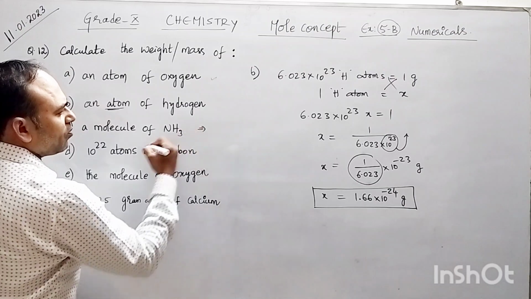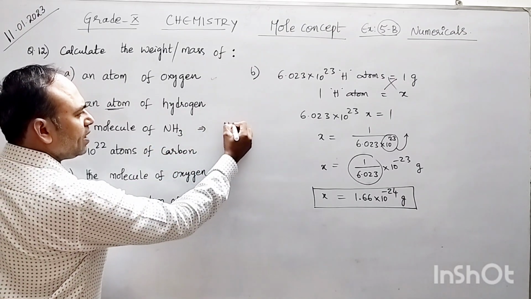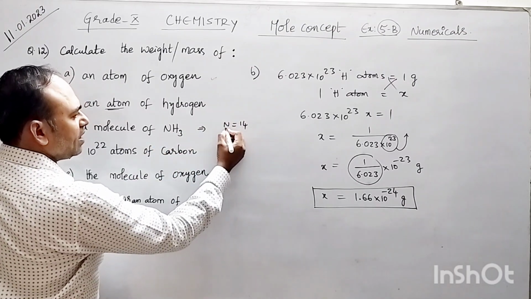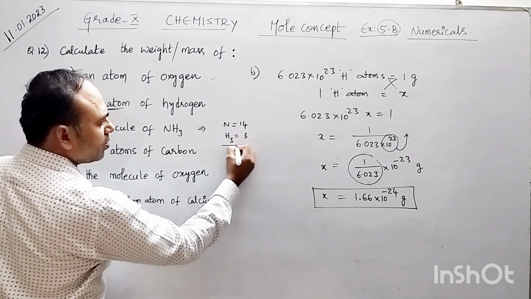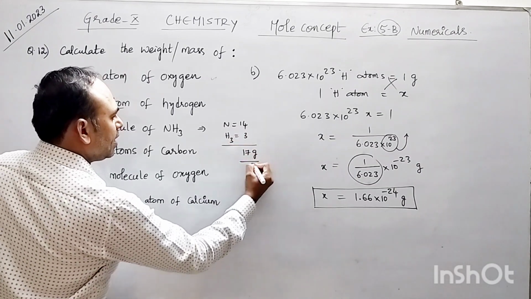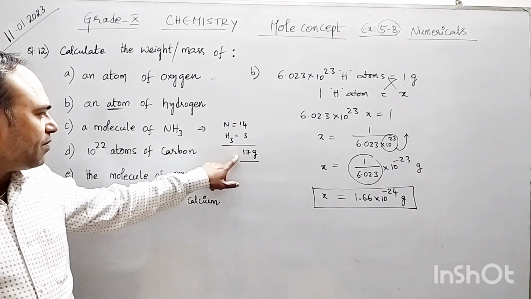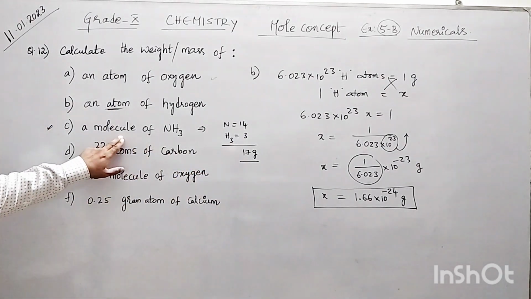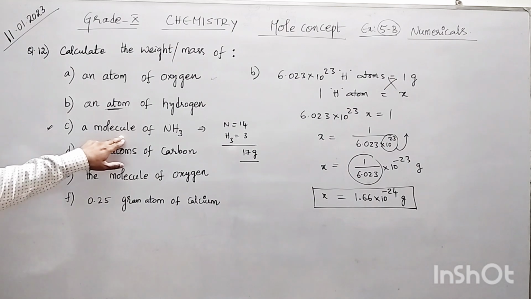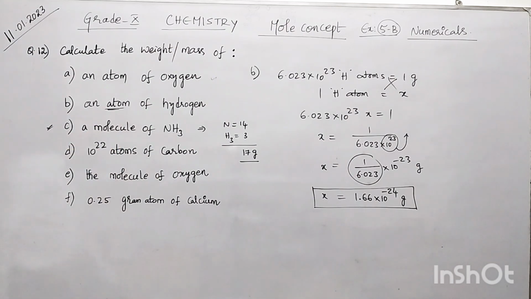You know for ammonia, what is the molecular mass? N is equal to 14, and here you have H3, therefore it will be equivalent to 3. We can calculate it as 17 grams. So if you take Avogadro number, you have 17 grams, and they are asking you to calculate for one molecule of ammonia. Let us solve that. Take your time and complete this.